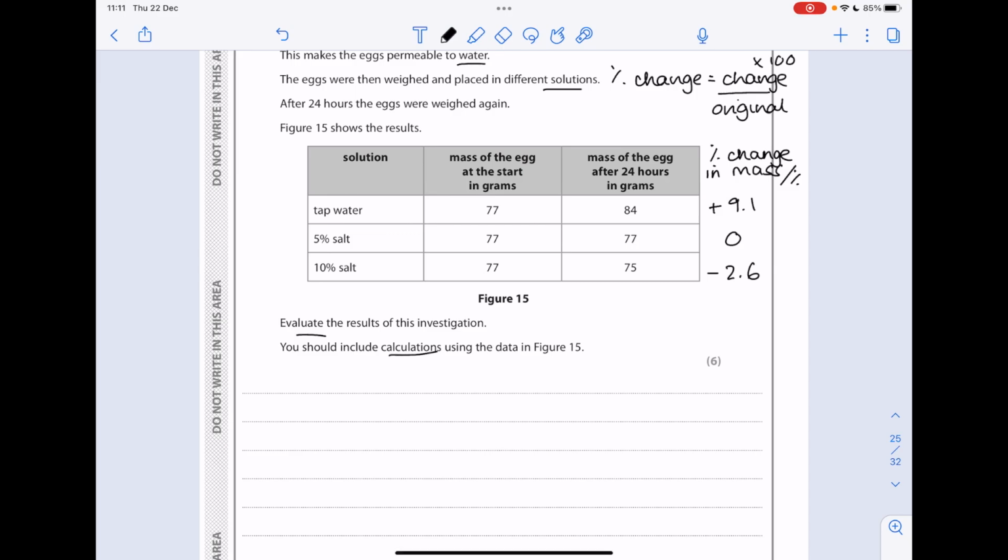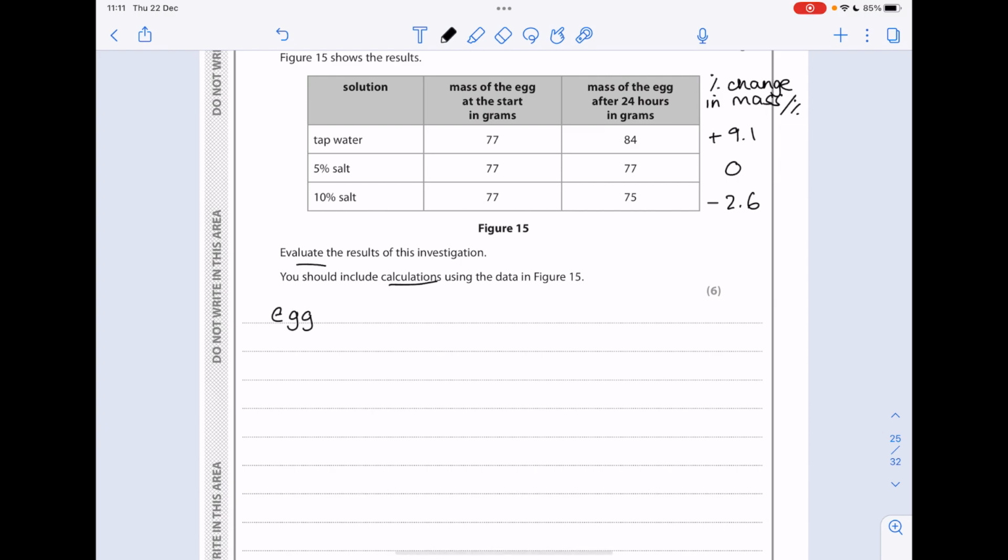So let's talk about what's happened. So egg placed in tap water increased in mass by 9.1%. Why?